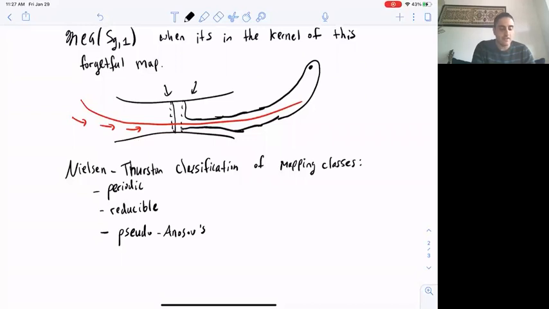So the question is, are there any pseudo-Anosovs in the set of point-pushing homeomorphisms? And the answer is yes, there are lots of them.